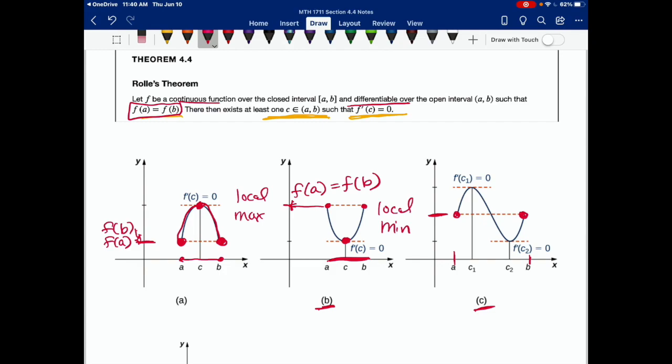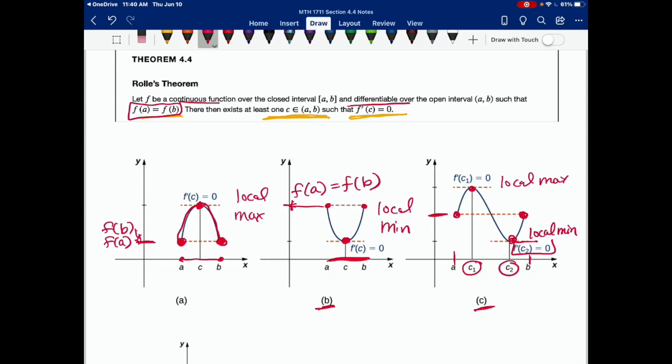That function on the interval from A to B is continuous and differentiable. So then there must be at least one value, but in this case there are two values where the derivative is 0. So that's this point here and this point here. So we have a local max and min. This is our local max, and this is our local min. So that's the idea of Rolle's theorem.